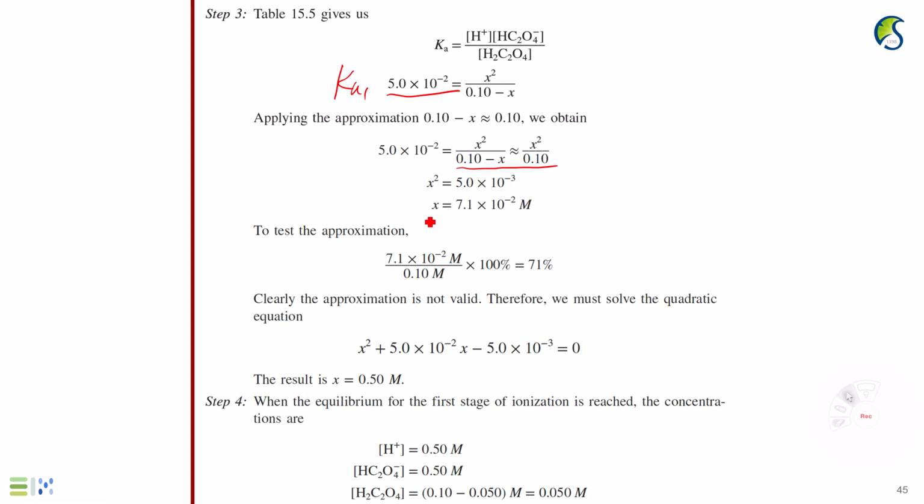You calculate x, and then you find that x is much larger than 5%, which means the approximation is not valid. So the approximation doesn't work here.